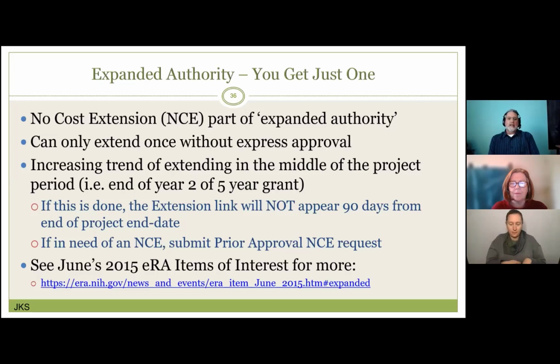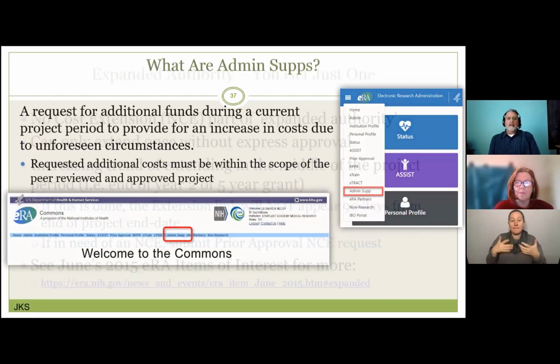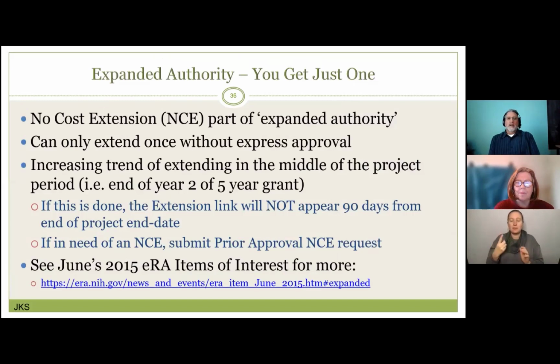You'll have to contact the awarding IC to see if you can go ahead and extend again. So basically you have one get out of jail free card, one opportunity to extend your grant period. And once you've used that, it's not going to be available again. We can go to the next one.